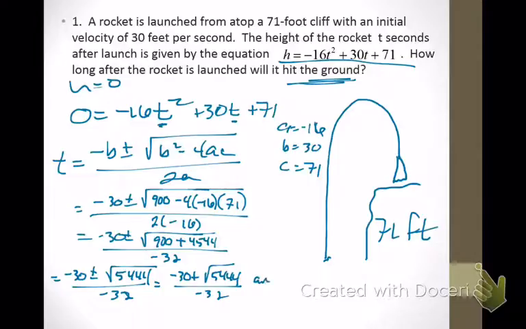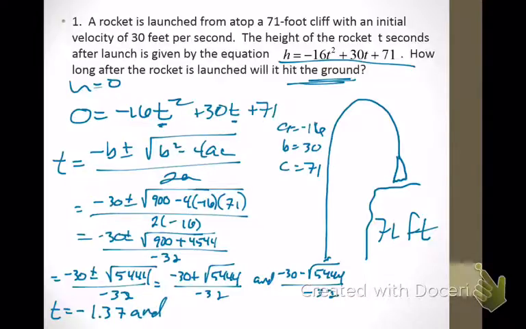And negative 30 minus the square root of 5,444 all over negative 32. Okay, so we type that in, negative 30 plus the square root of 5,444, divide that by negative 32, and one of the t values is negative 1.37.